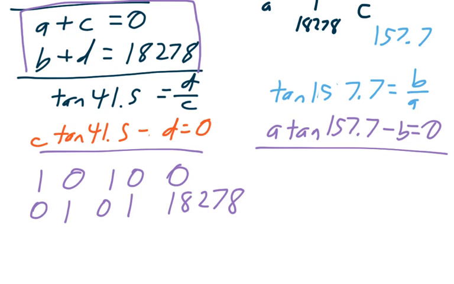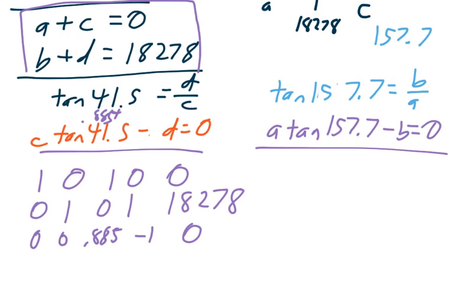Now for the next one, the tangent of 41.5 turns out to be 0.884, or actually 0.885 if I round correctly. So I've got 0, 0.885, negative 1, 0.